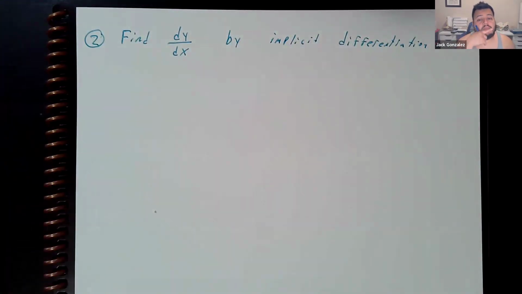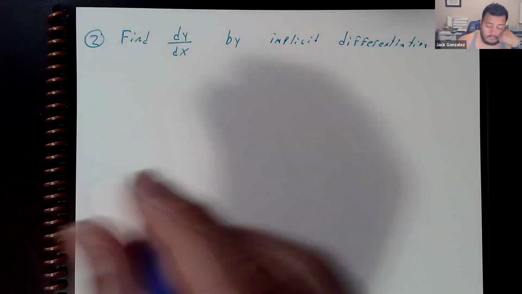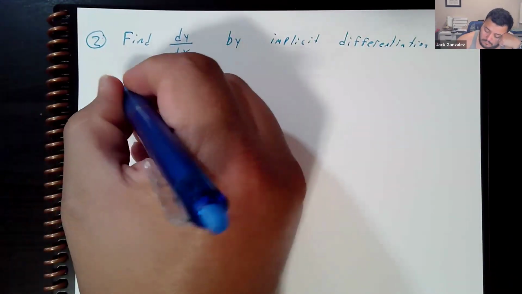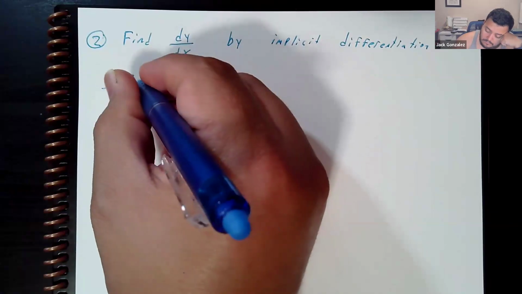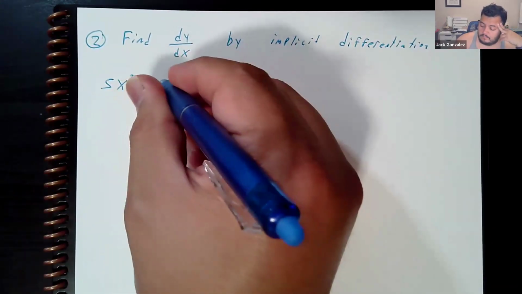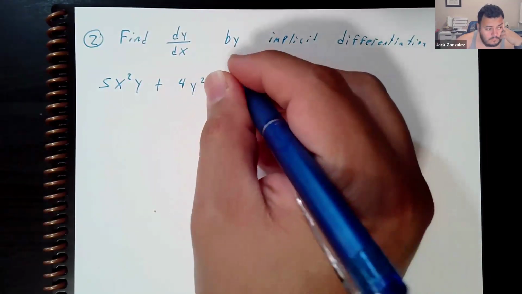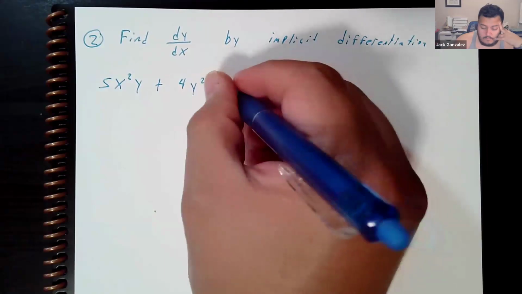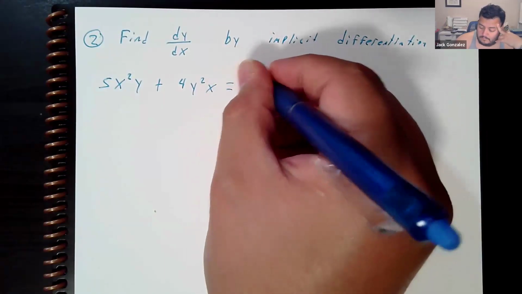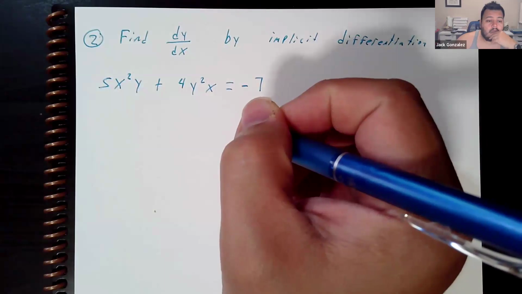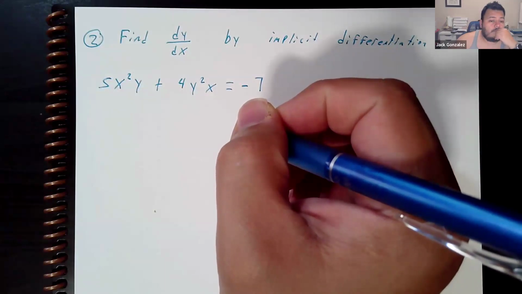So, find dy/dx by implicit differentiation. All right.